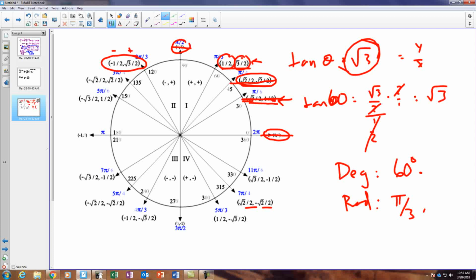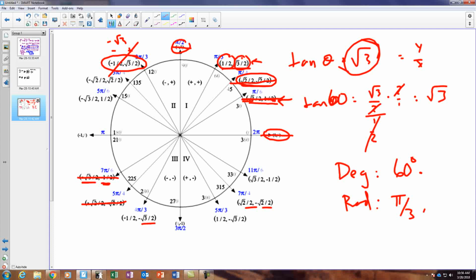If you stack a positive and a negative together, this would be negative root 3, not positive root 3. So this is out. If I come down, I keep looking for that same combo. Notice this, it's the wrong order. The x is supposed to be the 1/2, the y is supposed to be the root 3 over 2. So I don't like that. I already said those are no good.